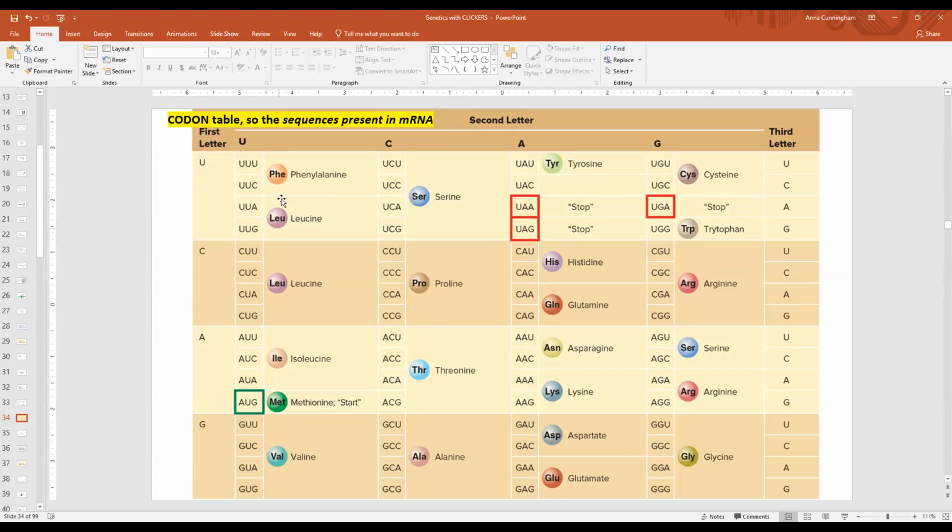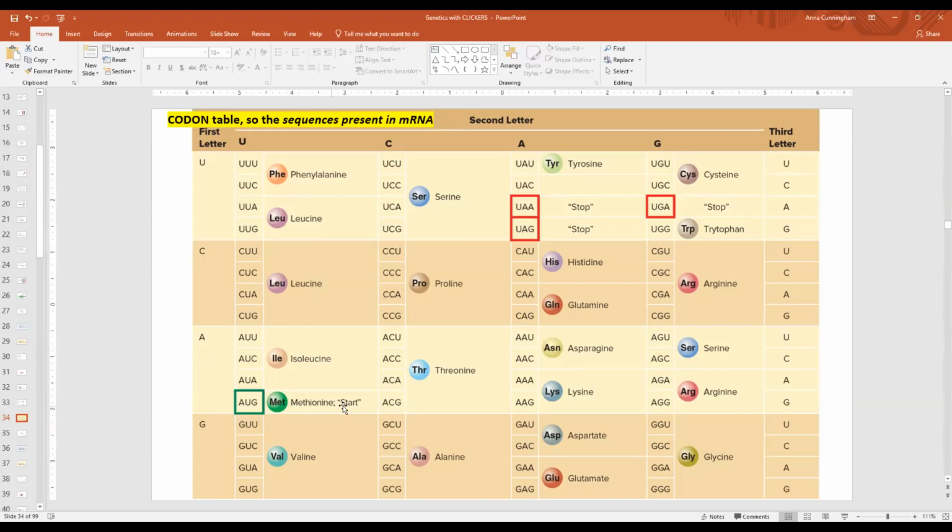Another thing I want to reiterate about this table is that when we talk about translation, there has to be a start and an end, right? Where does our complex start for translation, and where does translation end? So translation always starts at the first sequence of nucleotides that is adenine, uracil, guanine, or AUG.